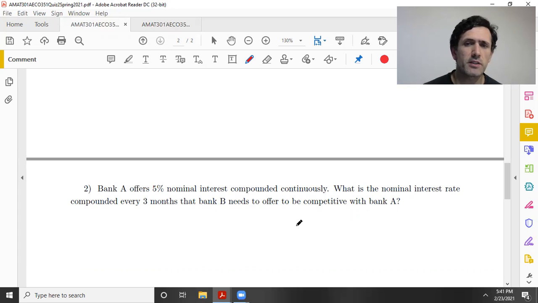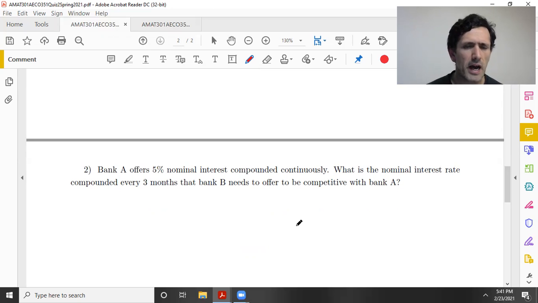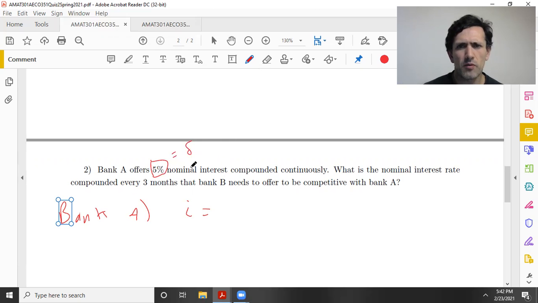I think the easiest thing to do is make it so that both have the same equivalent effective annual interest rate. Let's call that I. So Bank A, well, the formula is delta, or really delta is 0.05 in decimal, but this is nominal interest compounded continuously.